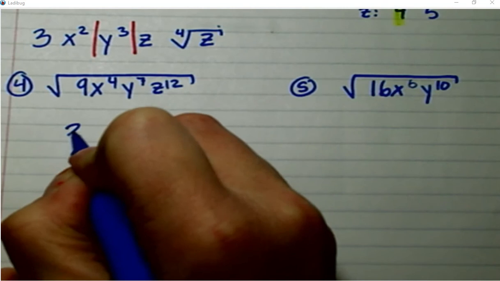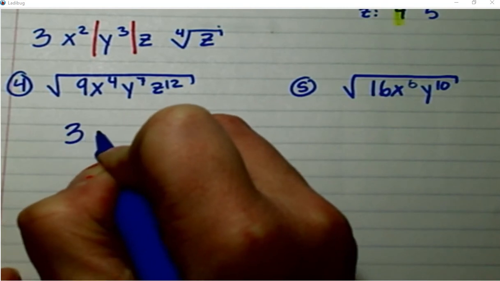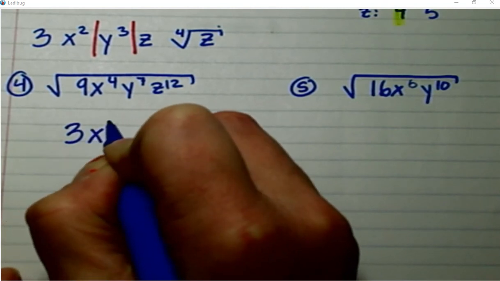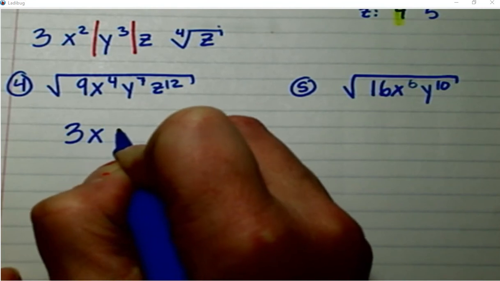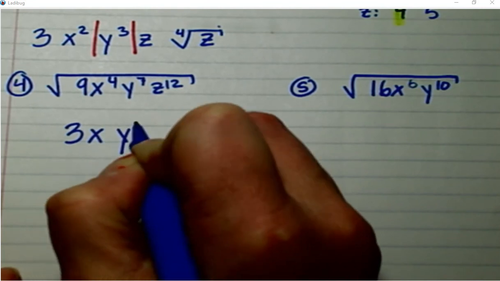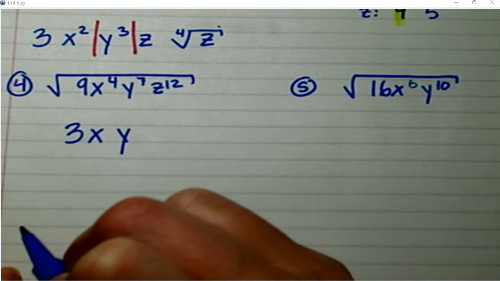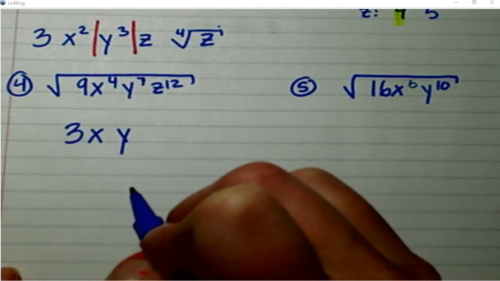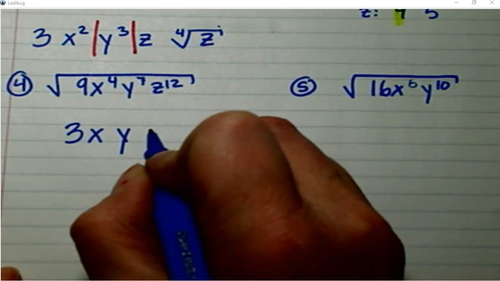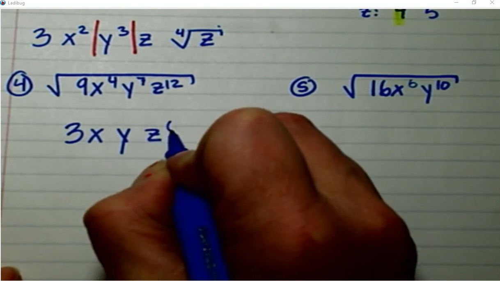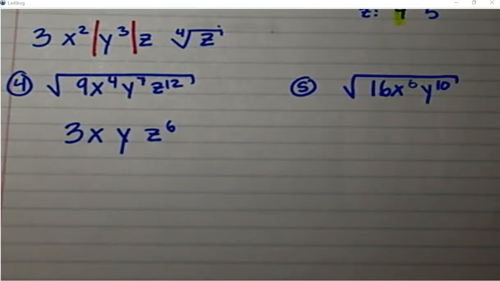I think it would be 3x y to the second, and then z to the 6th. Okay. Yes, z to the 6th. Recheck your x and y exponents.